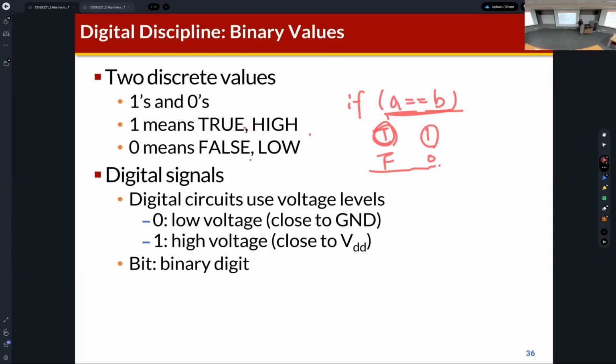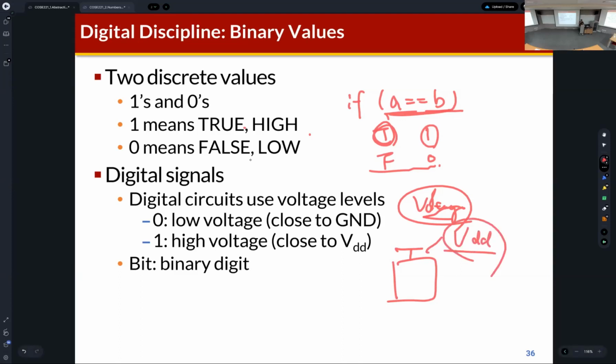Also, our digital circuit, the CMOS circuit, works with voltage levels. One node of the CMOS circuit is connected to VDD, the high voltage, and another node is connected to ground, the low voltage.